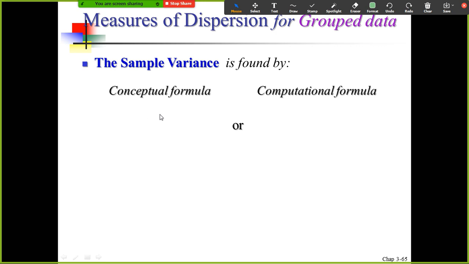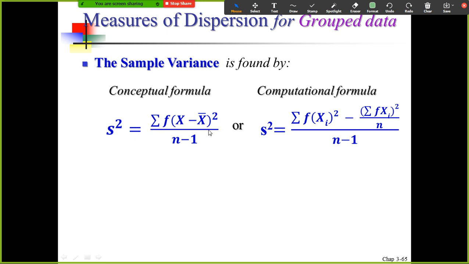Okay, this is a formula that we use in order to find sample variance. It is the same thing as we find the sample variance in ungrouped data. We have two formulas: conceptual formula and computational formula. This is conceptual formula.